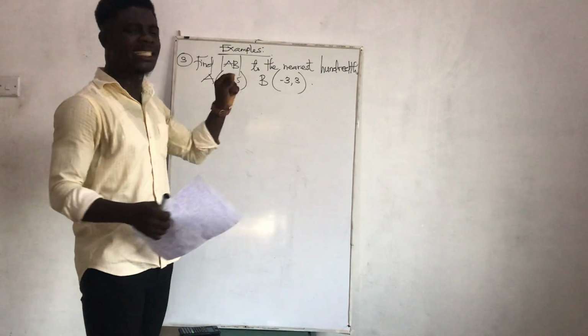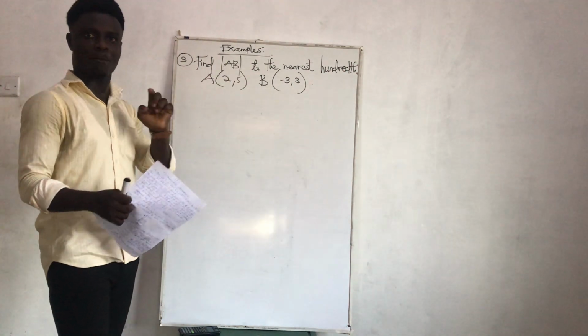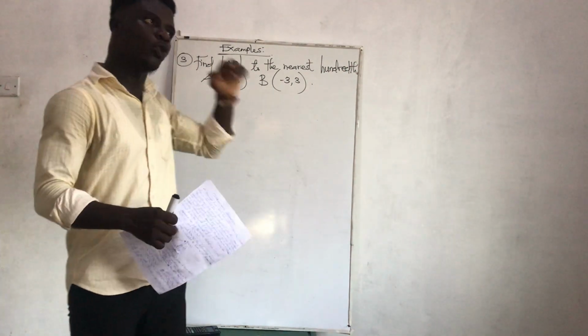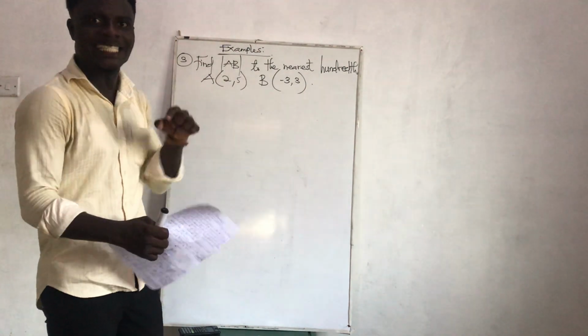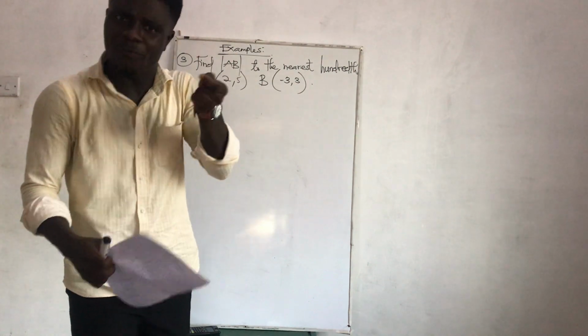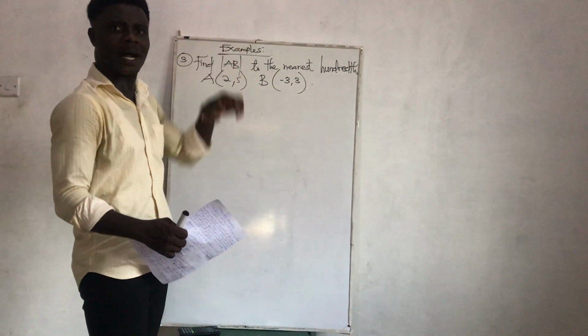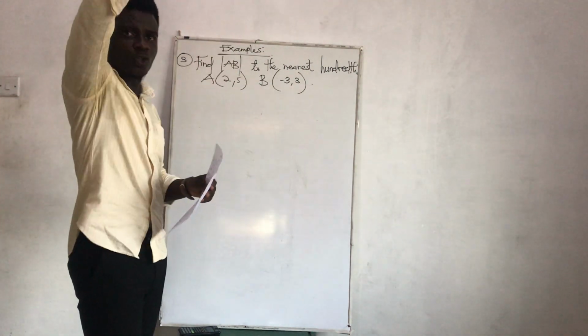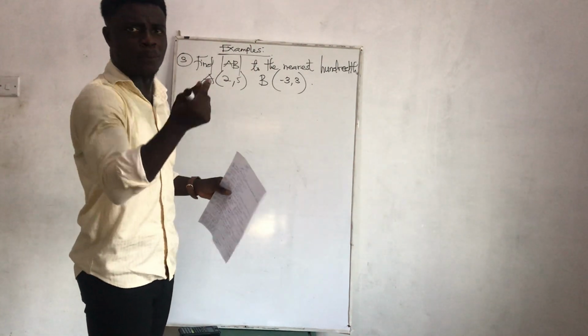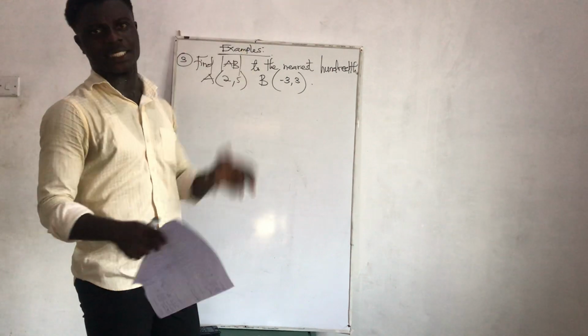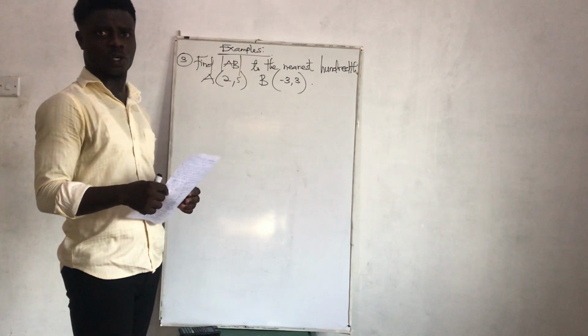When you get a mixed number, you just change it to an improper fraction by multiplying the denominator by the whole number, then add the result back to the numerator. Then you get your improper fraction, then you work it out. I believe you understand what is going on here.